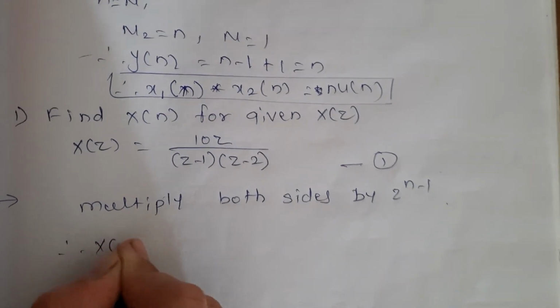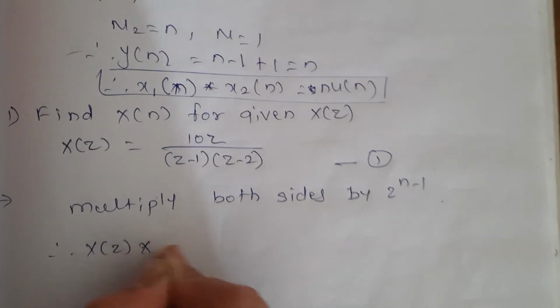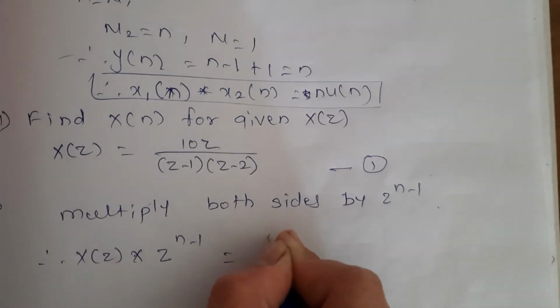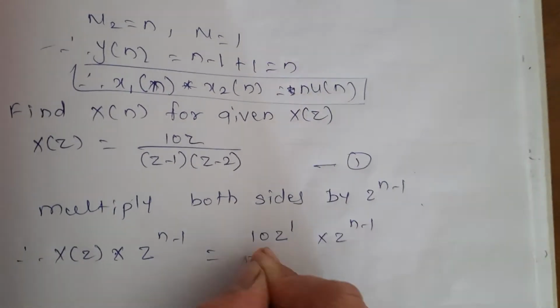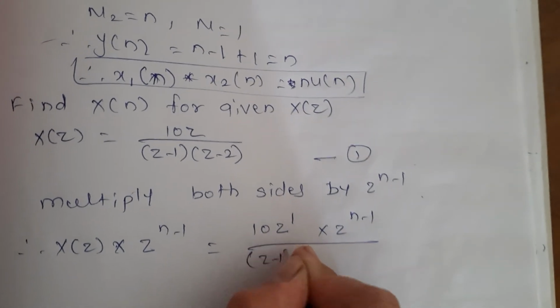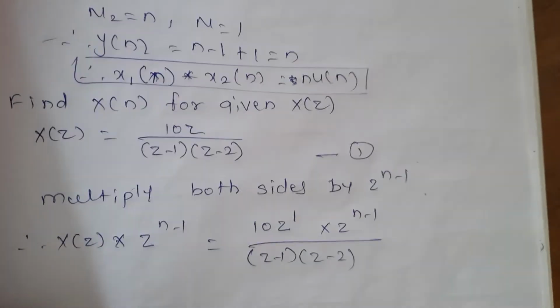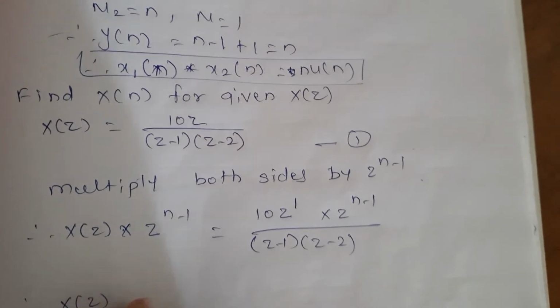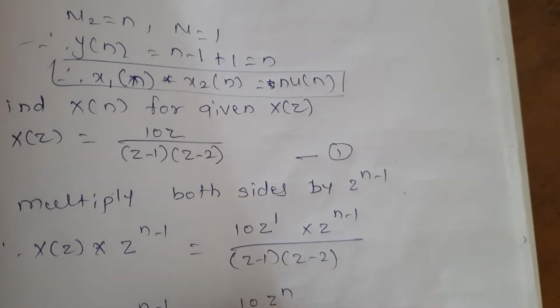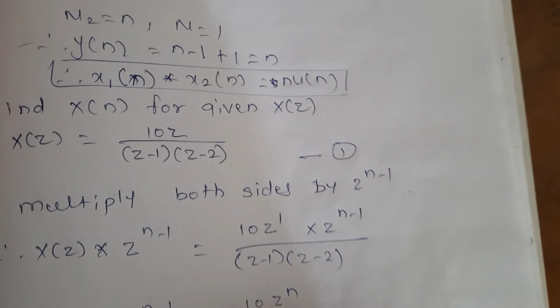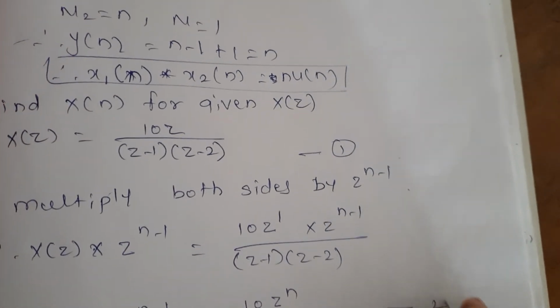So X(z) into z raised to n minus 1, then z into z raised to n minus 1 by, so we solve this X(z) into z raised to n minus 1. It is 10 z raised to n over the denominator. This is equation 2.